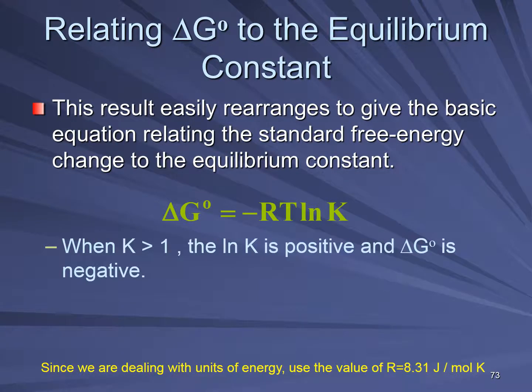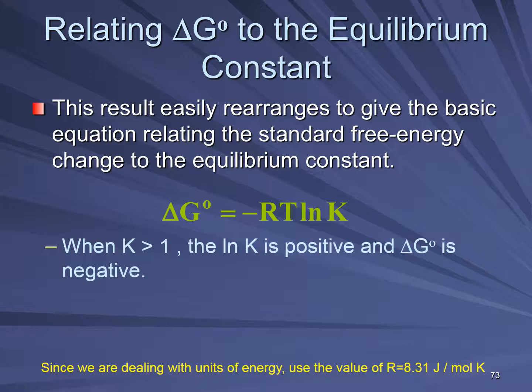Let's think through this. If K is greater than 1, that means the natural log of K is a positive number. The negative RT times a positive number will give you a negative delta G. And what does that mean? That means the reaction is spontaneous.